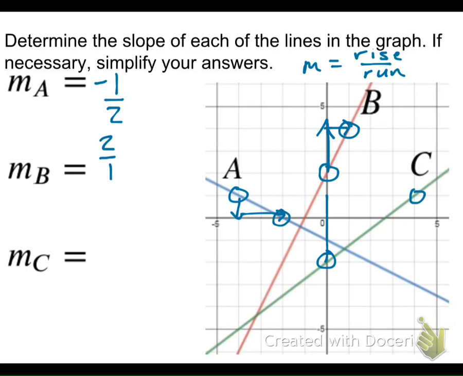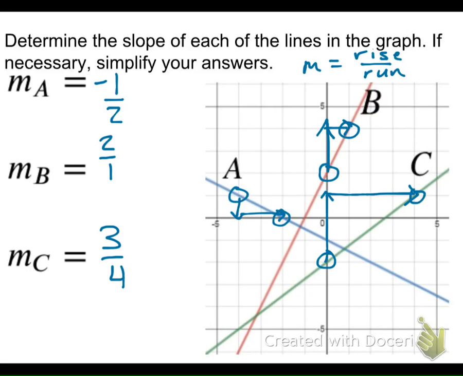And then what's the run? 4. That's right. It's 3 over 4. It's because we started at the leftmost lattice point, and we want to do that because we read left to right. So you went up 3, that's your rise, and we went over 4, that's your run.